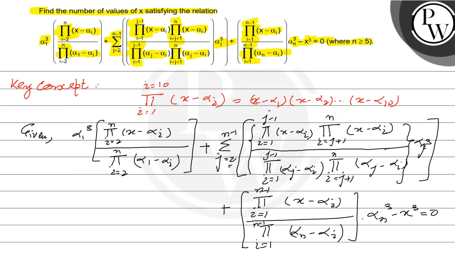We will keep on going, and then we write alpha n to the power 3 minus x to the power 3 equal to 0. So we will look into what kind of polynomial is going to be formed, and after that we will see how we can move forward.